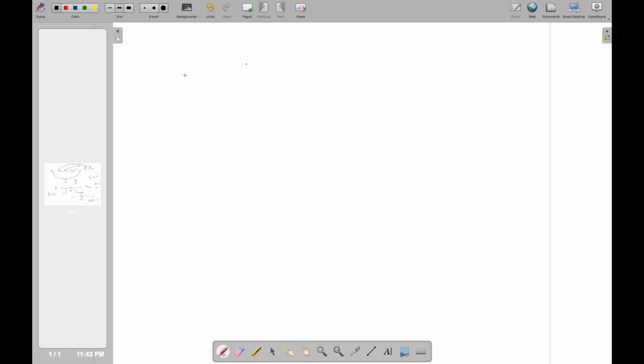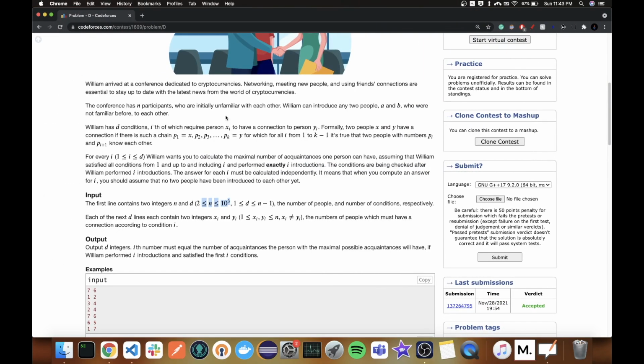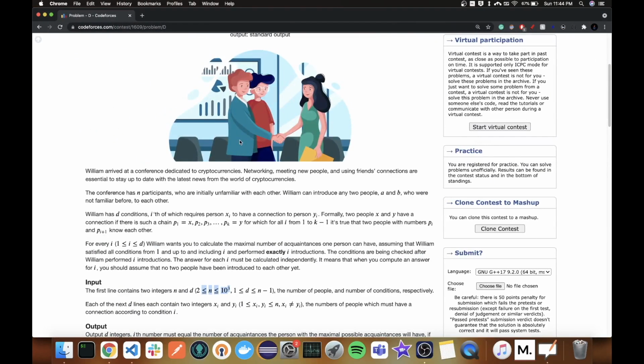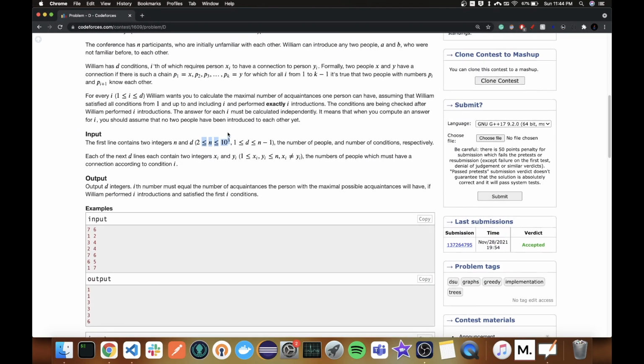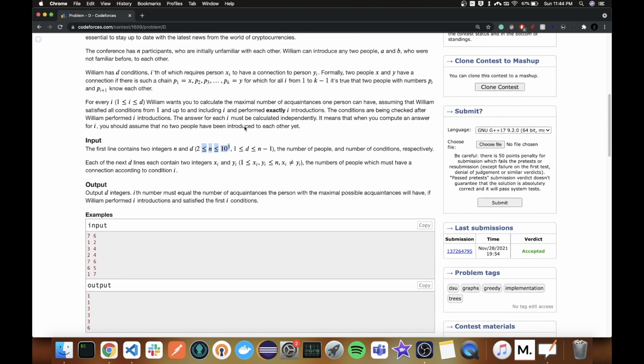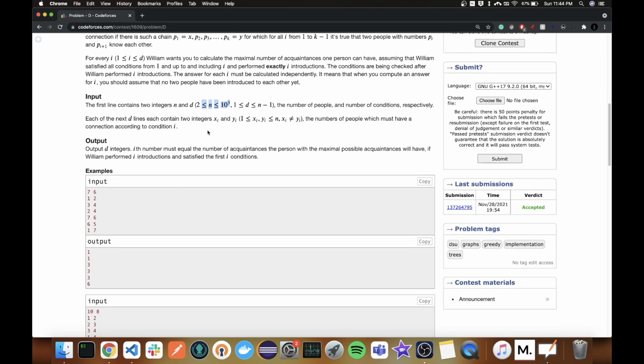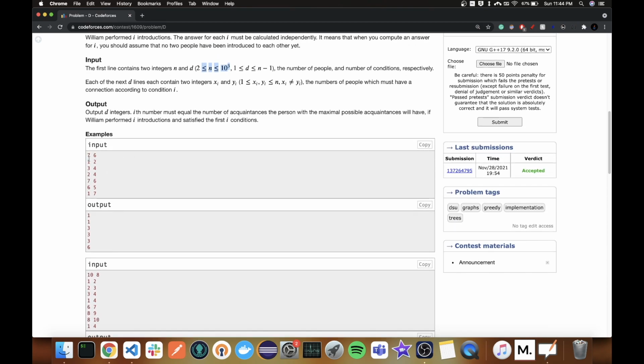In this problem there are some people, so there are people 1, 2, 3 up to n, and we want to do this subproblem for every i. Now what that means is, let me tell you. The person who is asking the problem, what he wants is, for the ith output, what is the premise?